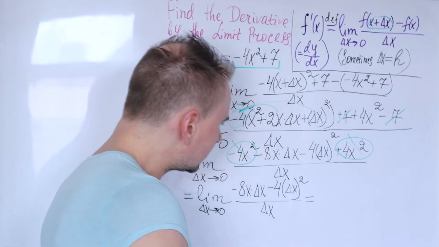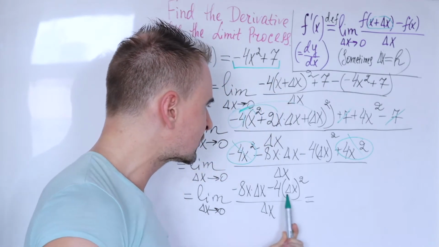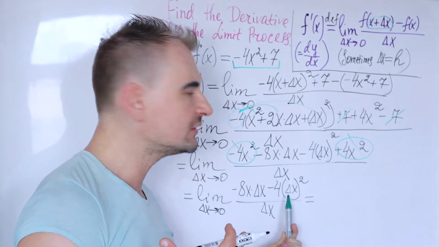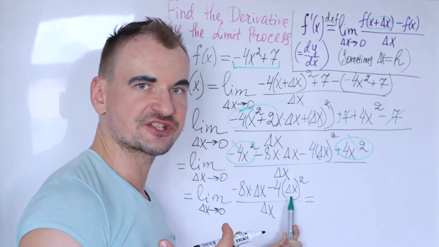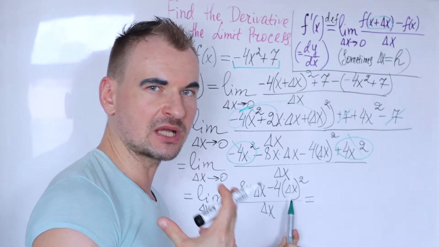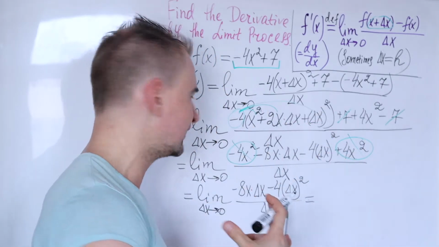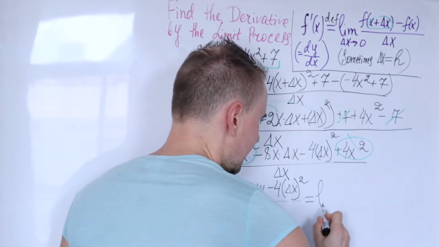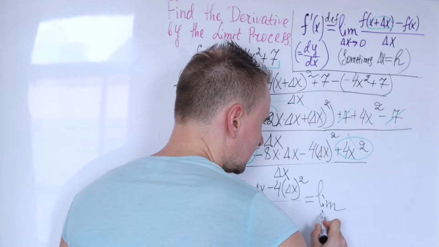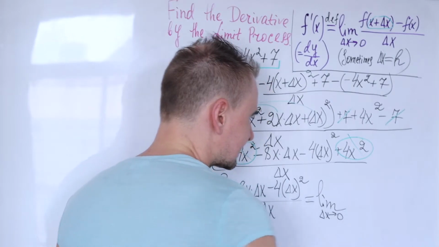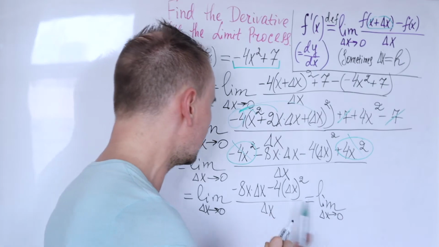And again, look at your top. Since both terms involve this delta x, it can be pulled out in front of the parentheses. Keep the limit, carry it down, delta x tends towards 0.